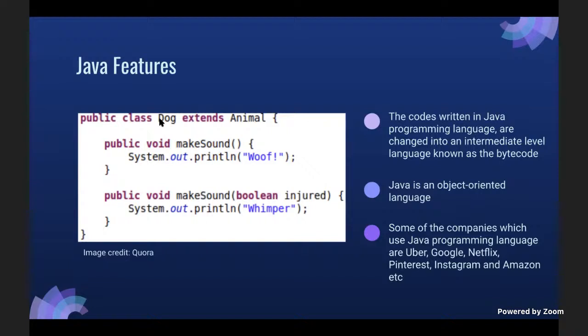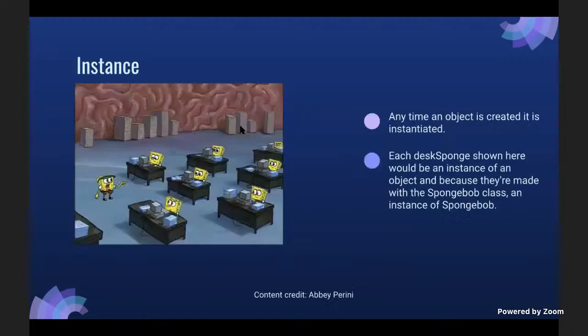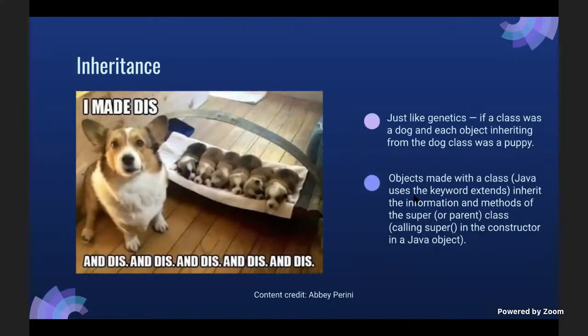I can create another class called, let's say, cat. It has to inherit all the properties of this animal. So that is what it means to create inheritance. And in Java, you use the word extends. If you see anything called extends, it means that you are inheriting the methods and the information of the parent class. So that's it.